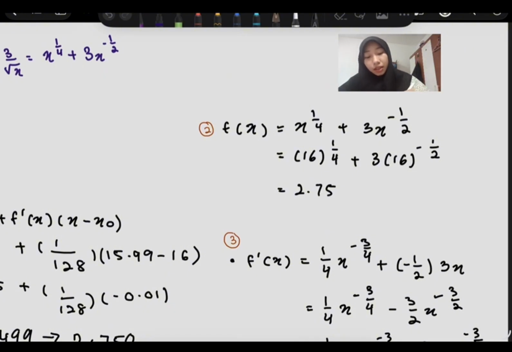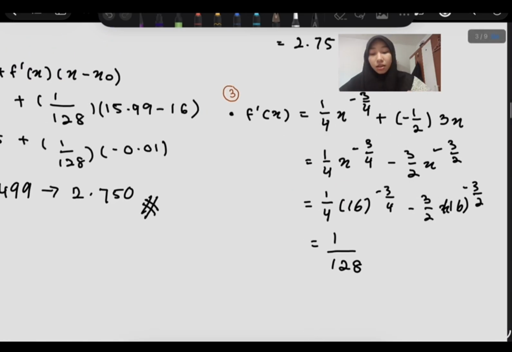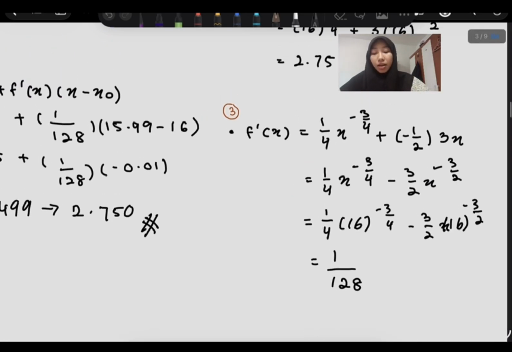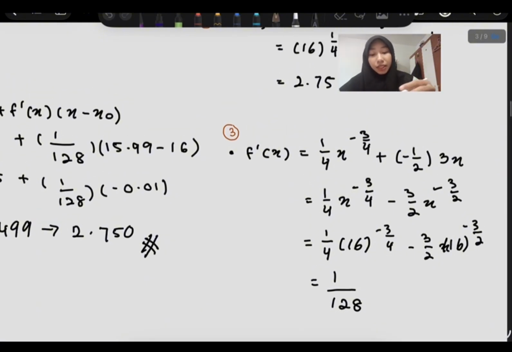So we get 16 to the power of 1 over 4 plus 3 times 16 to the power of negative 1 over 2. So we add them both, we get 2.75.